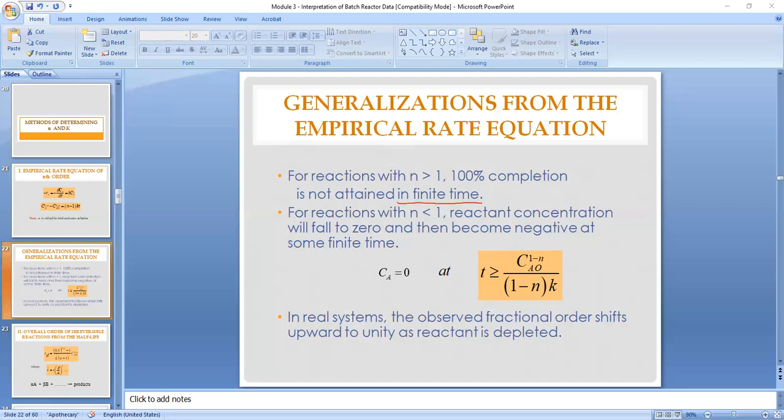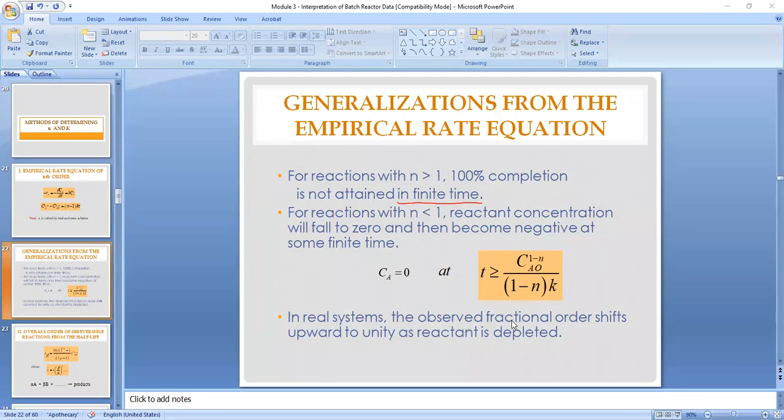Meaning the n, which is fractional, will what? Will approach 1, miss. Okay. So, sakto na siya.